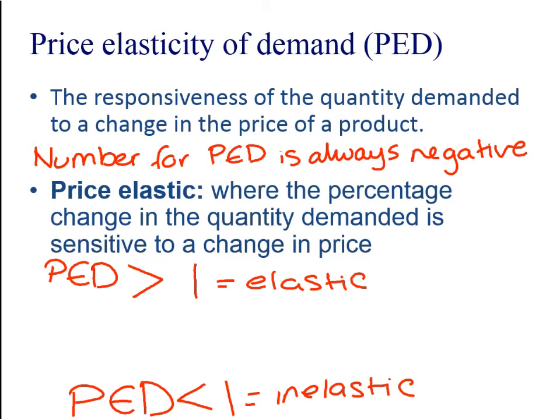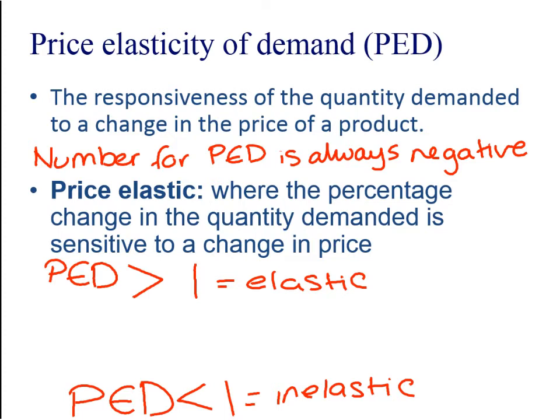But if the number is larger than 1, and that would be -1, so it starts with an integer, so it's 1 point something, 2 point something, 3 point something, and so on, we say that that's elastic, and that means that the quantity demanded is sensitive to a change in price.